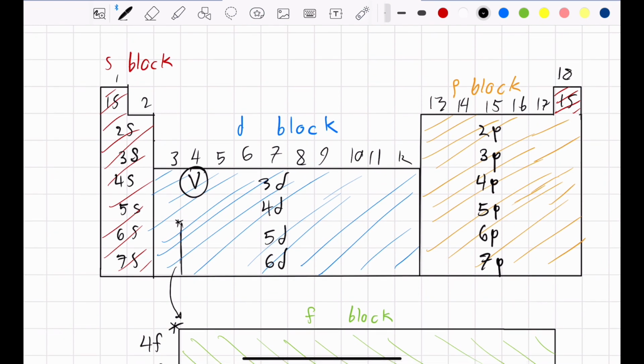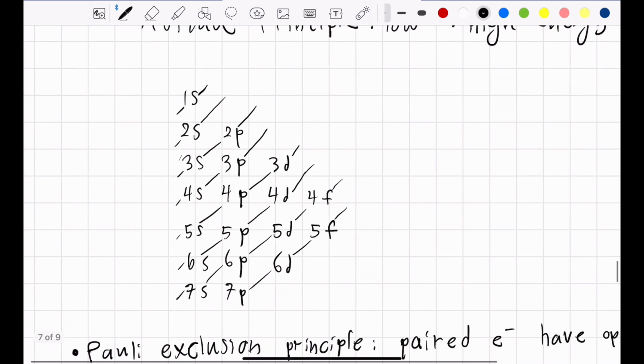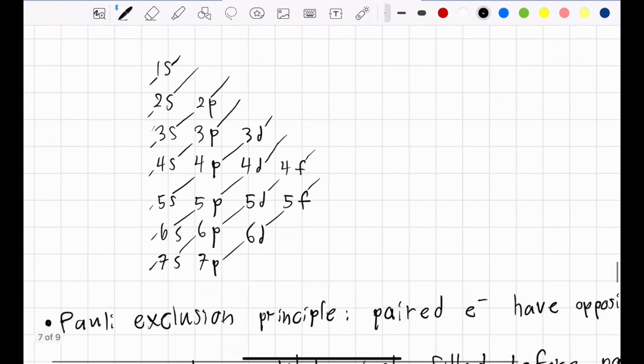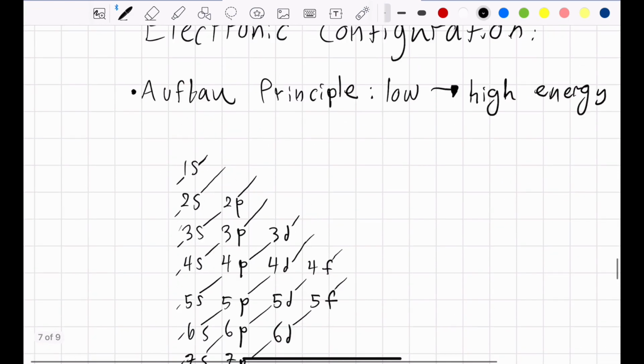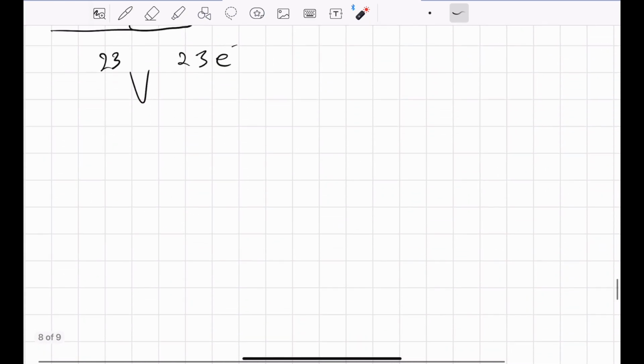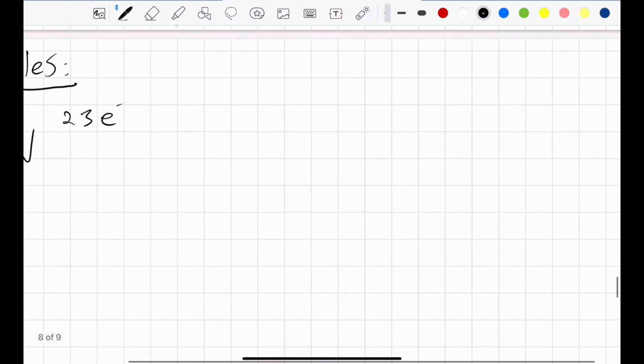We first start by making use of the Aufbau principle. We start at the 1s orbital, and we know 1s has 2 electrons. So 1 goes here, 1 goes here. We have 1s2. We're going to use the telescopic notation.